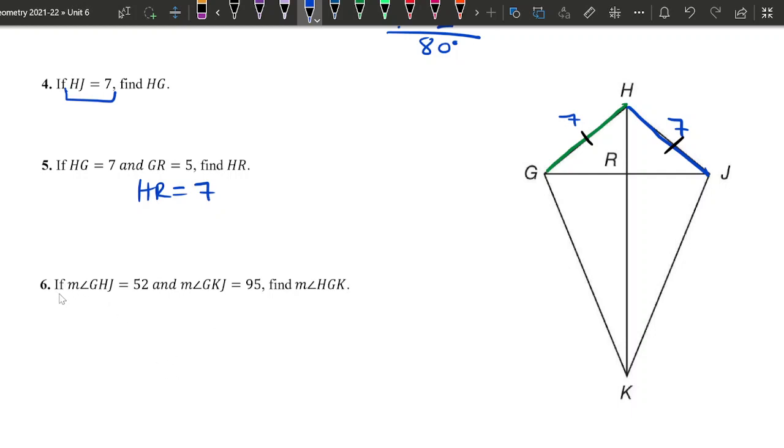All right, then if the measure of angle GHJ, I need a different color. G to H to J, so it's this angle, is 52 degrees.